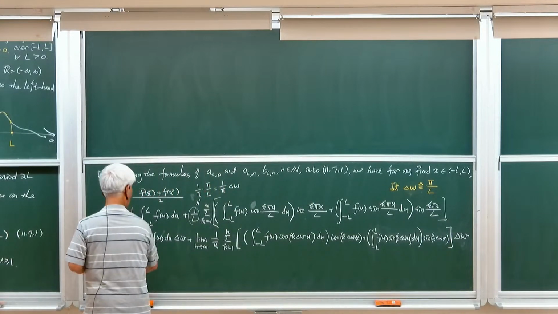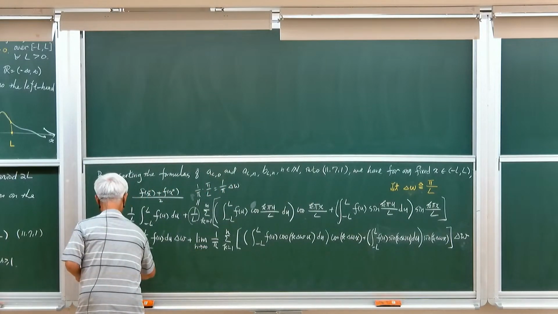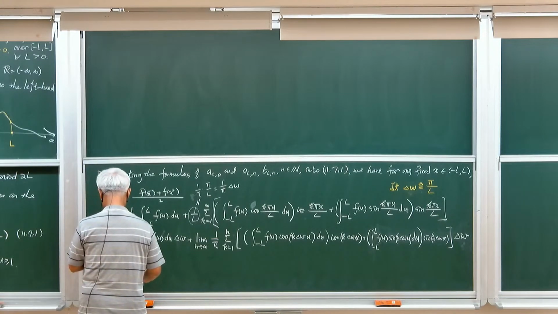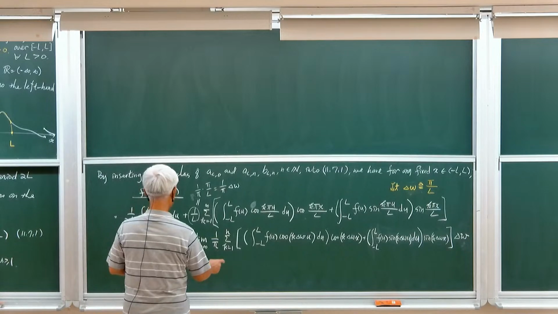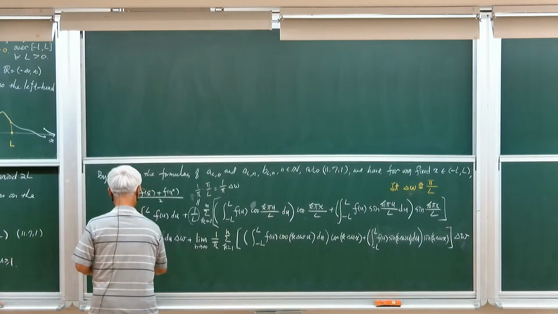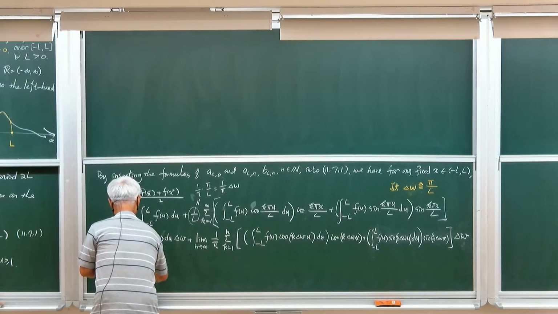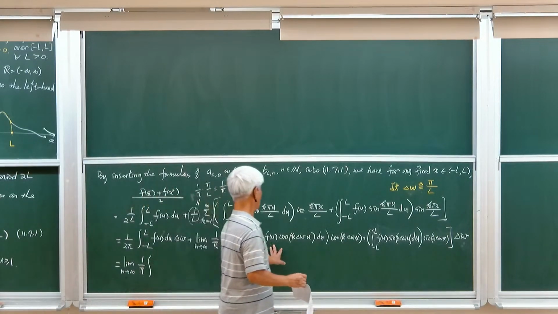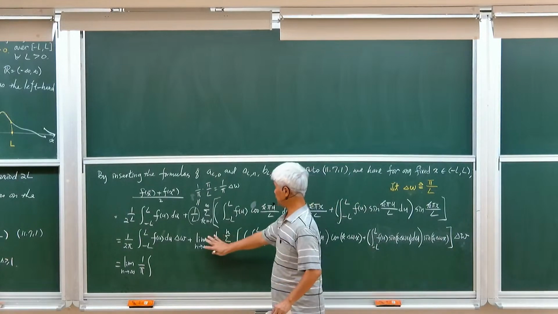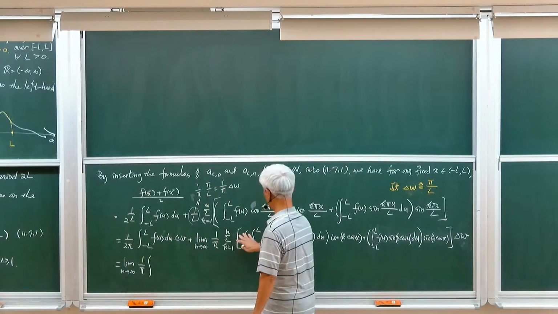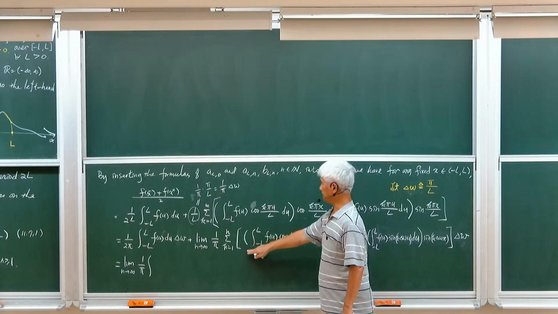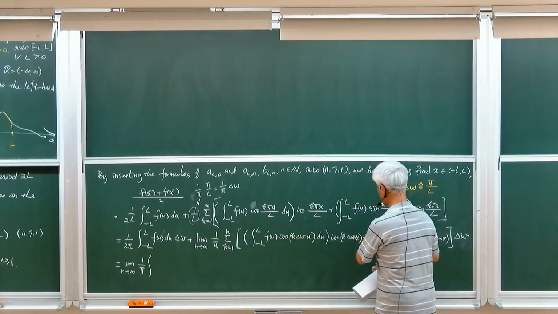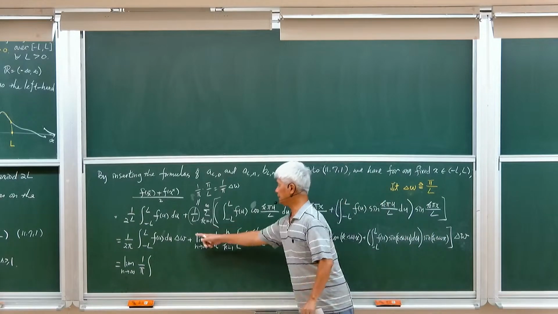And we move the limit here, and n goes to infinity. Because this is 1 over pi, we can combine. If we move the limit out of the partial sum, then we have 2n plus 1 integrals.